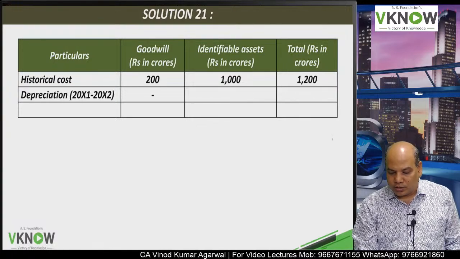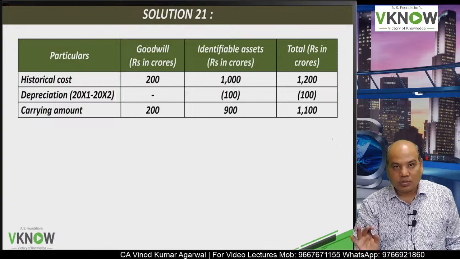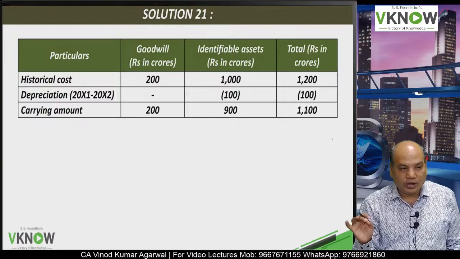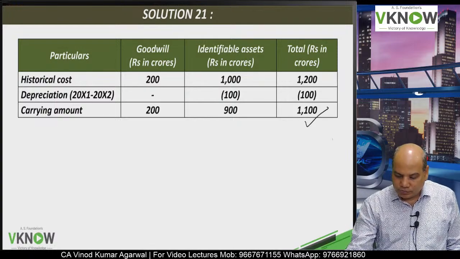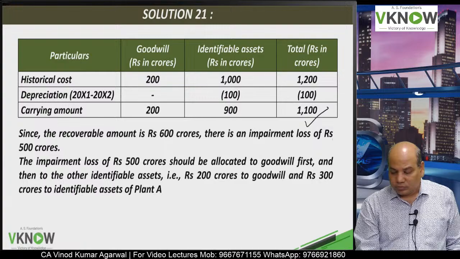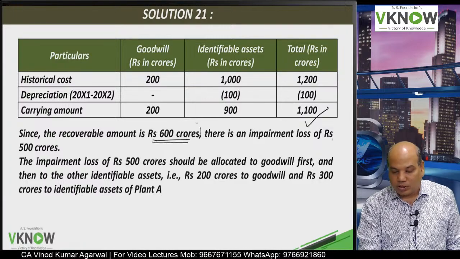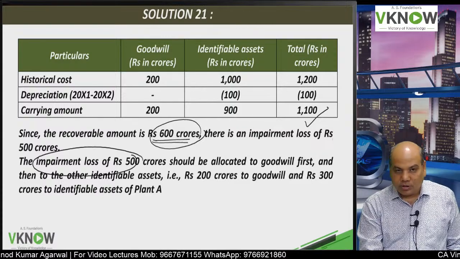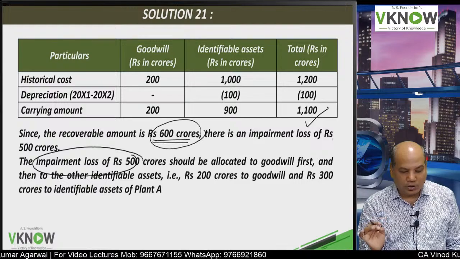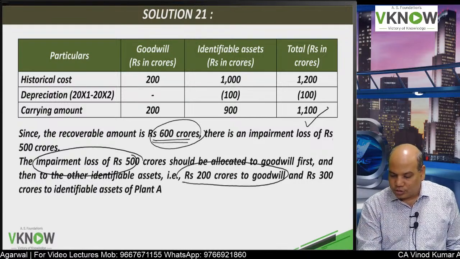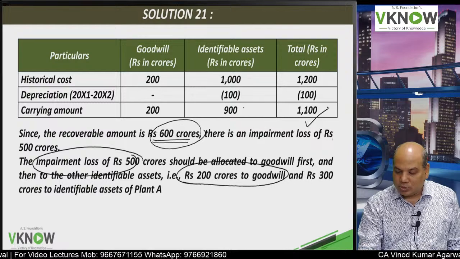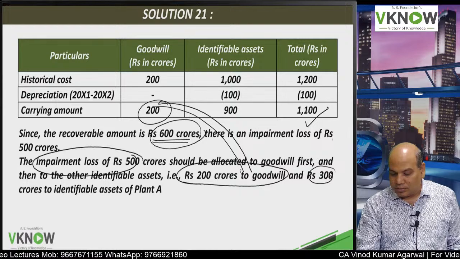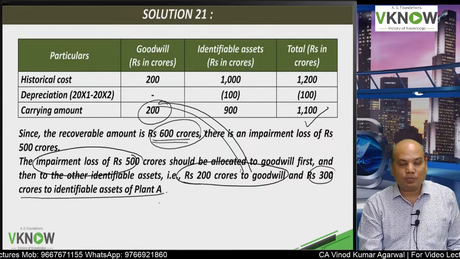So what you will do in the exam: first you will find out the carrying amount of the plant and goodwill on the date you are testing for impairment, which is 1100. Then compare with the recoverable amount, which is 600. Calculate the impairment loss, which is 500. First allocate to goodwill, that is 200, because first goodwill will be fully written off, and then 300 will be allocated to plant.